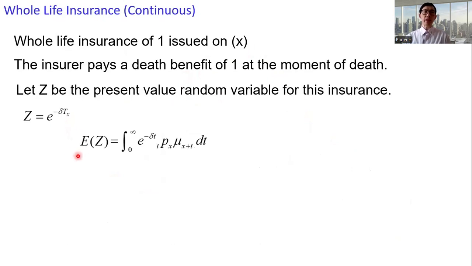The expected value of Z, we have this expression where the upper limit is infinity. And if there is a limiting age omega, then the upper limit is replaced with omega minus x. The actuarial notation for the whole life continuous insurance, as you can guess, is A_x with a bar above the A.